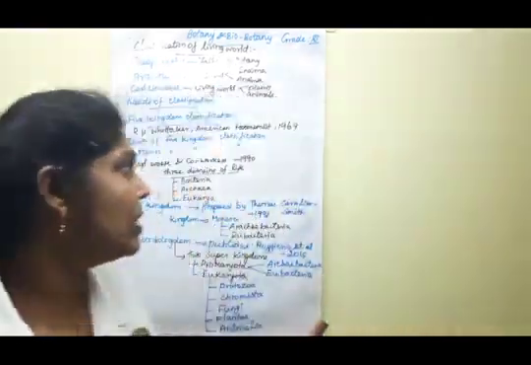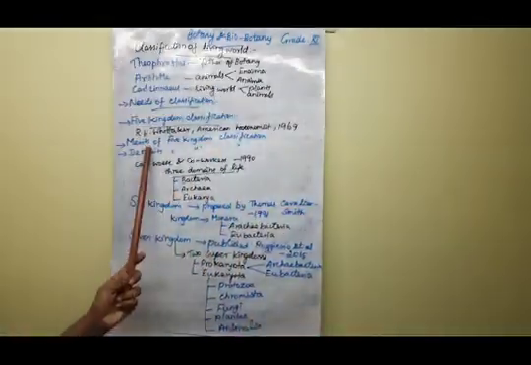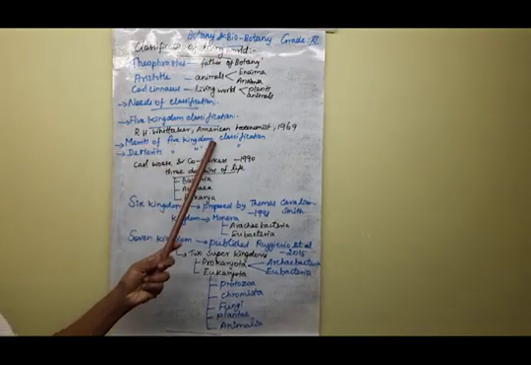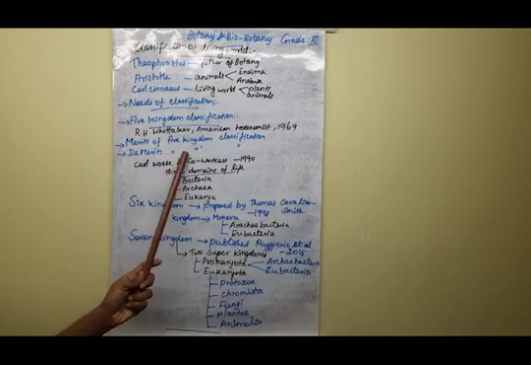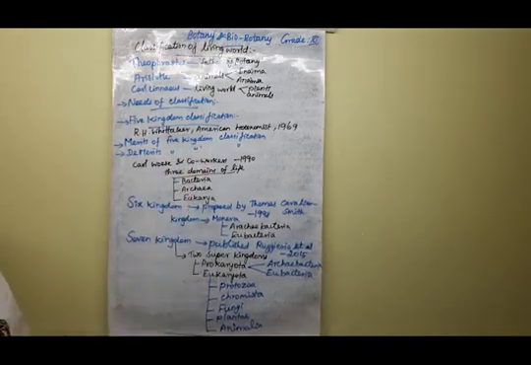So the next one, we are going to learn about the merits of the 5 kingdom system of classification, and the next one is the demerits of the 5 kingdom classification.